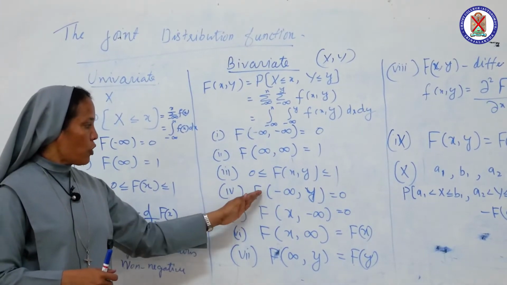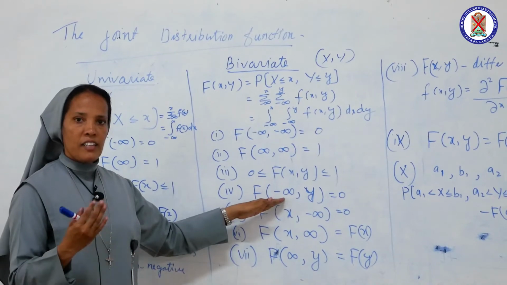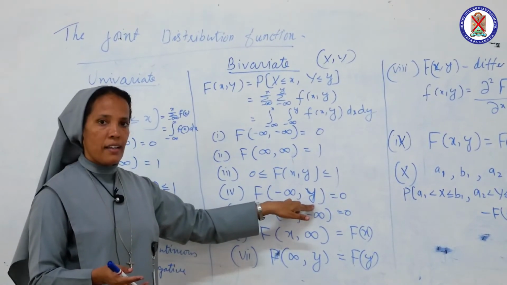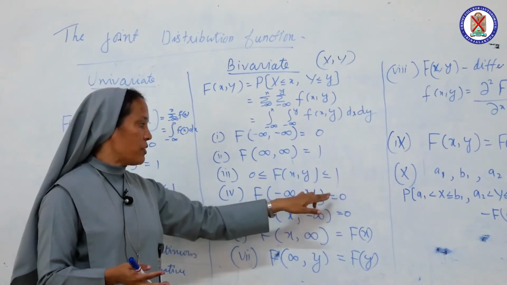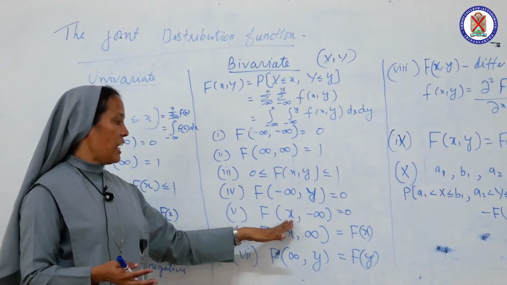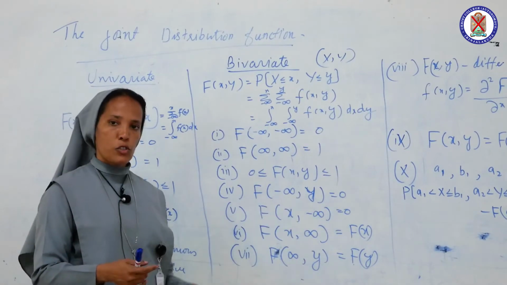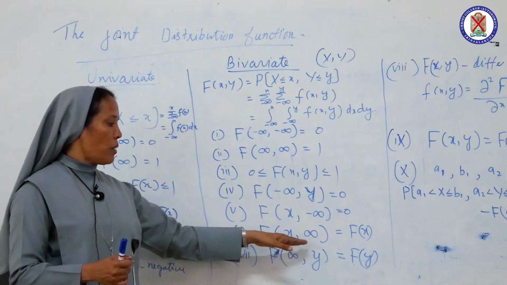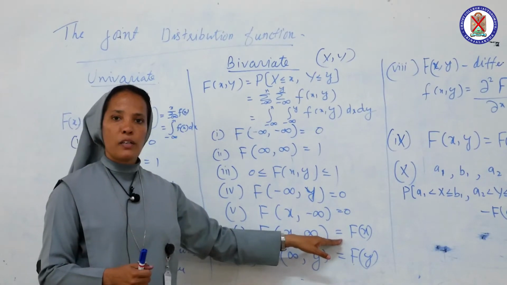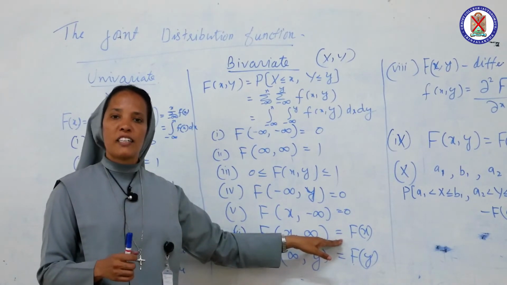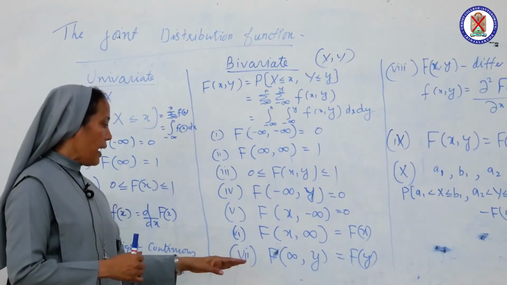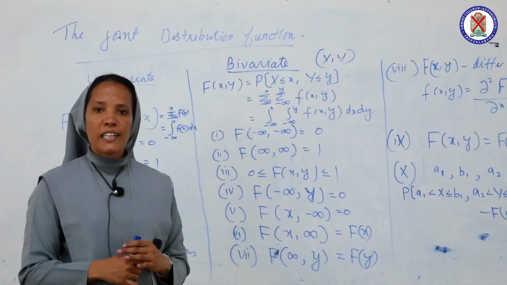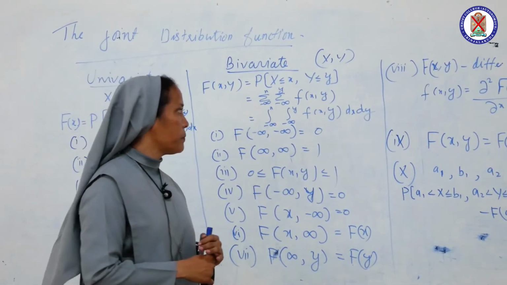Next, F of minus infinity comma y, that means the range of variation of x is starting from minus infinity, and y is the corresponding random variable, is equal to 0. Similarly, F of x comma minus infinity is also 0. And we have the next property: F of x comma infinity is equal to F of x, that is nothing but the distribution function of x, and F of infinity comma y is equal to F of y, which is the distribution function of y.